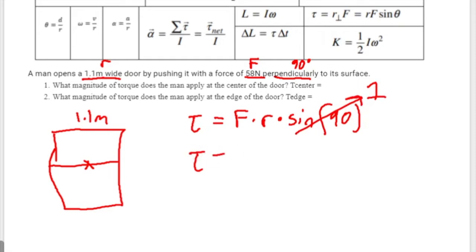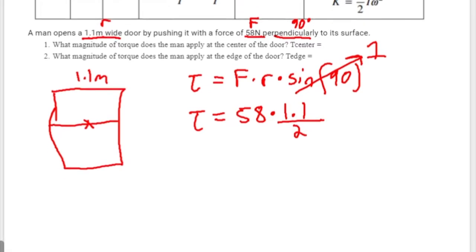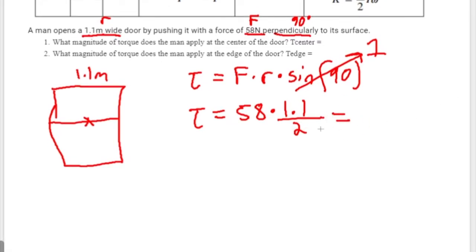I'm left with torque is equal to force, which is 58, times R. We said R is 1.1 and it's at the center, so that'd be divided by 2. Go ahead and solve for this, and we find out that the torque exerted on the center of the door should be 31.9 Newton meters.